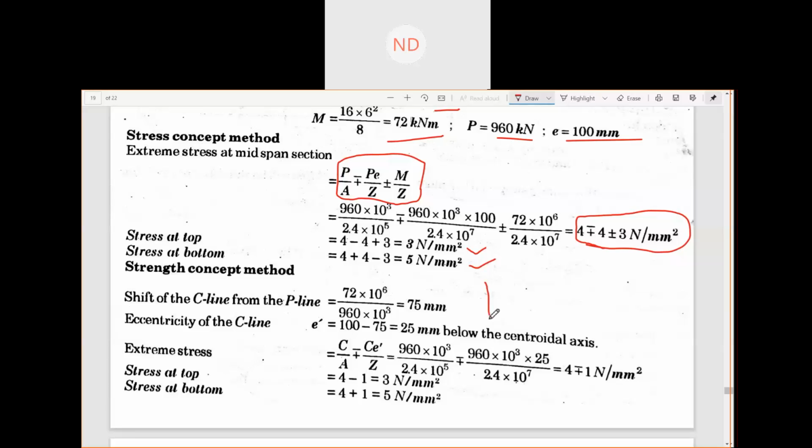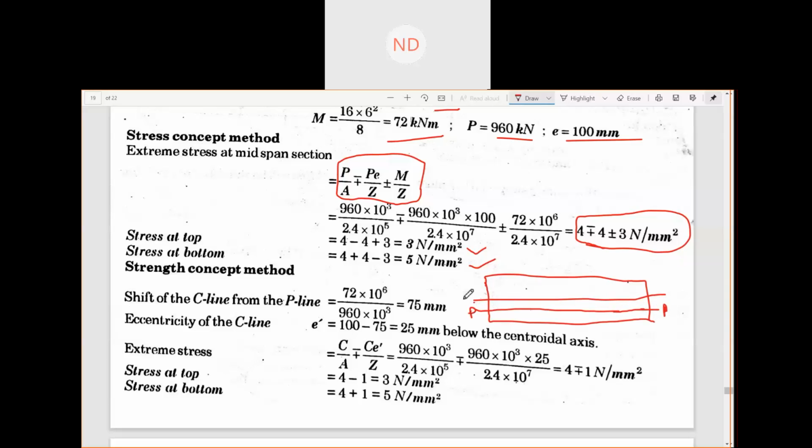If we see, this is your beam. At the center we have the CG, and at a distance of 100 mm we have P, the tendon. This is your P, the tendon, that is, the P line is here.